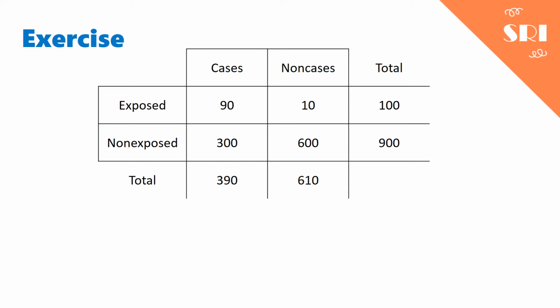Now it's time for an exercise. You remember we've used a similar table in the calculation of risk. Now we're calculating the odds. So what if we want to calculate the odds of having the disease in the exposed population? As the equation says, we will divide the number of cases by the number of non-cases.